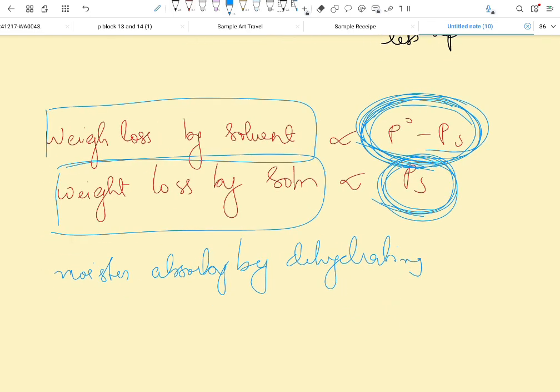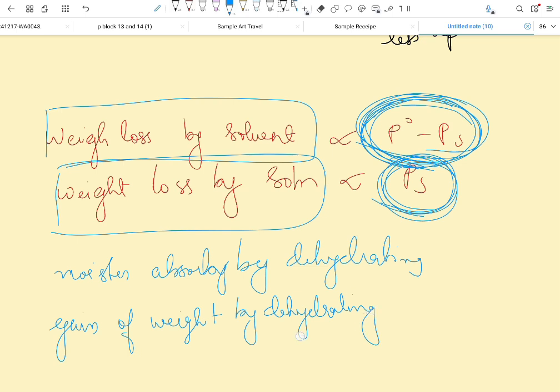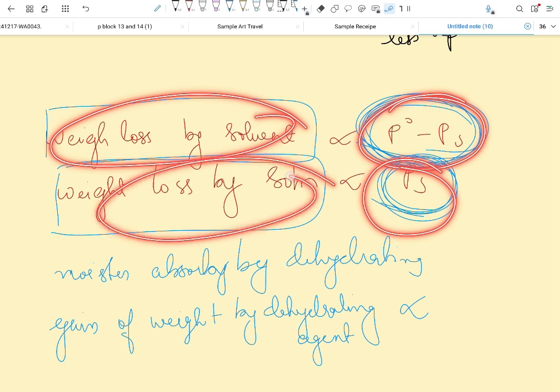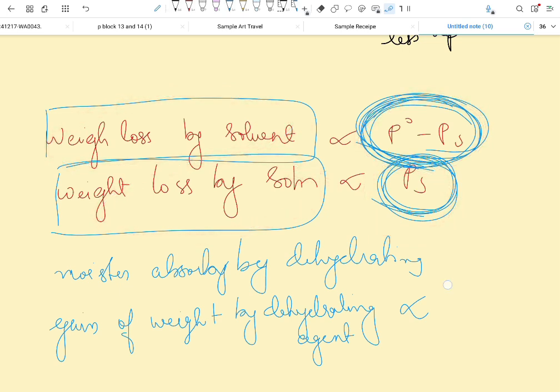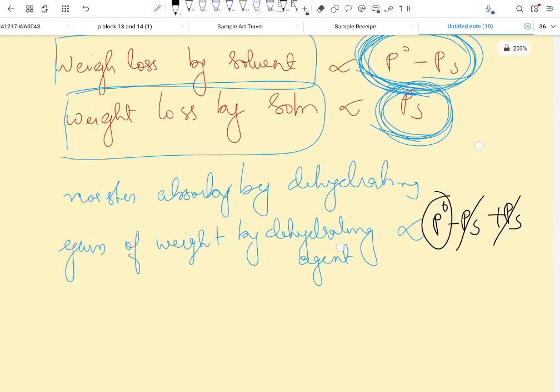So we can say that the gain of weight by the dehydrating agent is directly proportional to, since the moisture comes from here plus here, P0 minus Ps plus Ps. Now Ps and Ps cancel, so we get directly proportional to P0.